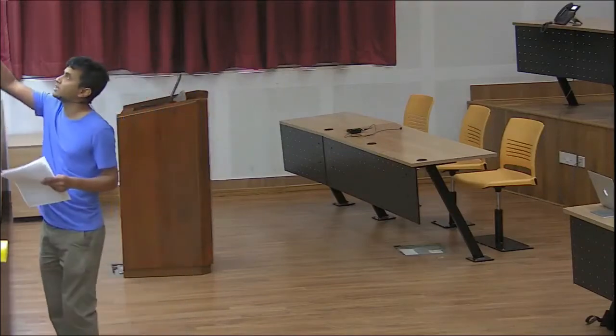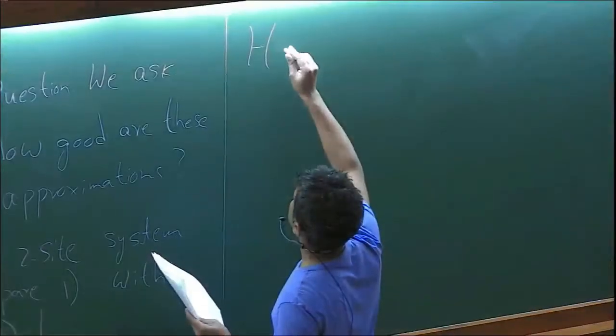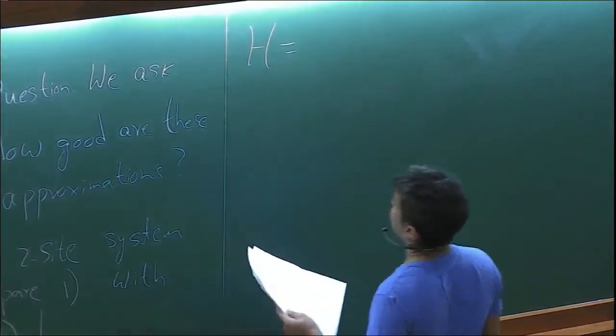Okay, so now let me just write the precise Hamiltonian that we work with. So the Hamiltonian is the system plus baths plus coupling.